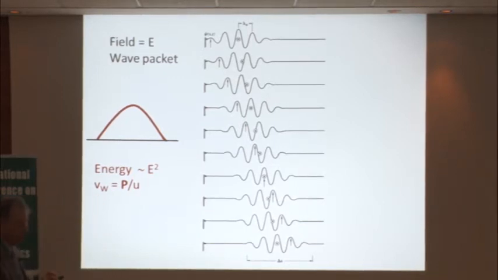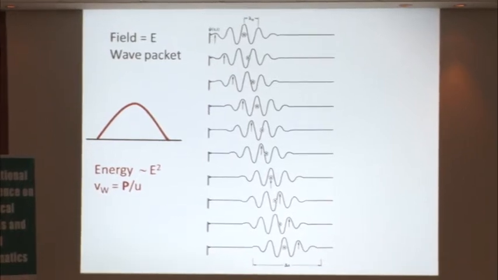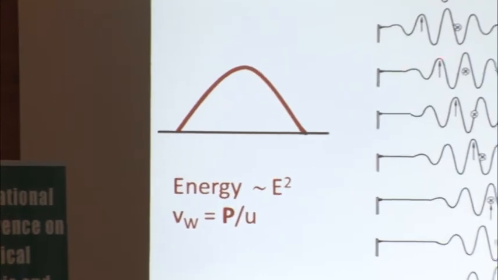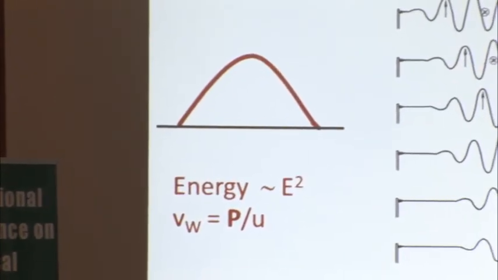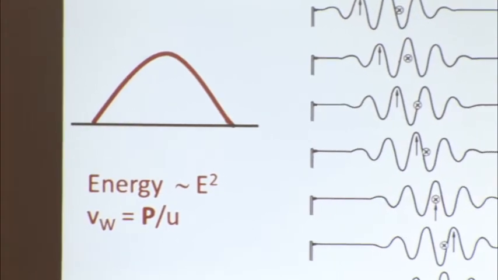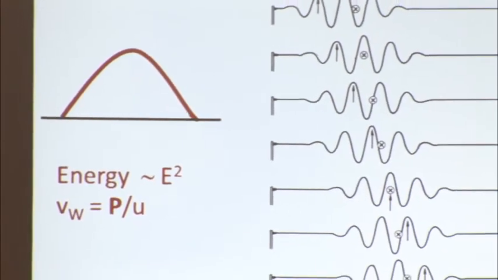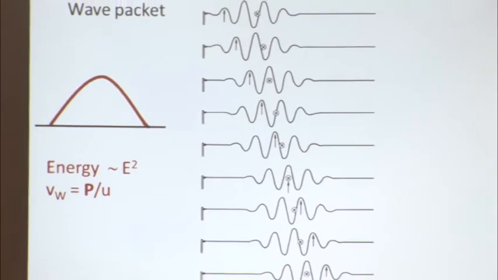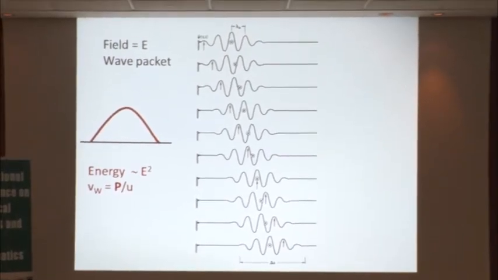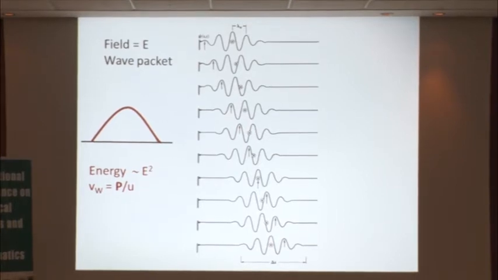However, the other presentation is the power. If you square it, the energy is proportional to the second power of the field strength of the magnetic or electric field. And then you have such a pulse instead of this wave packet.